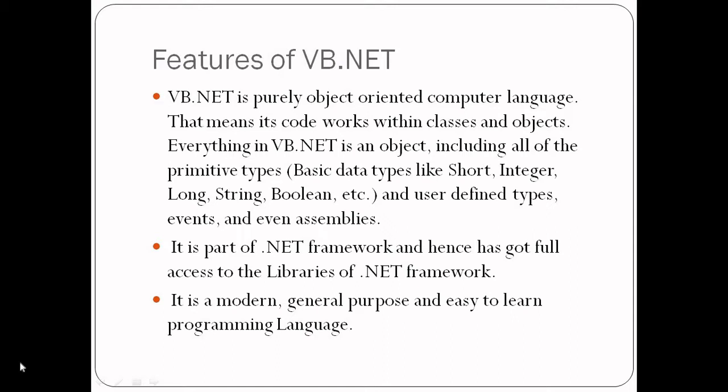Now at this juncture, we'll have to understand what a class is. Classes and objects are the important parts of the object-oriented programming paradigm, based on which VB.NET and .NET Framework are designed. Classes are a combination of objects and methods.